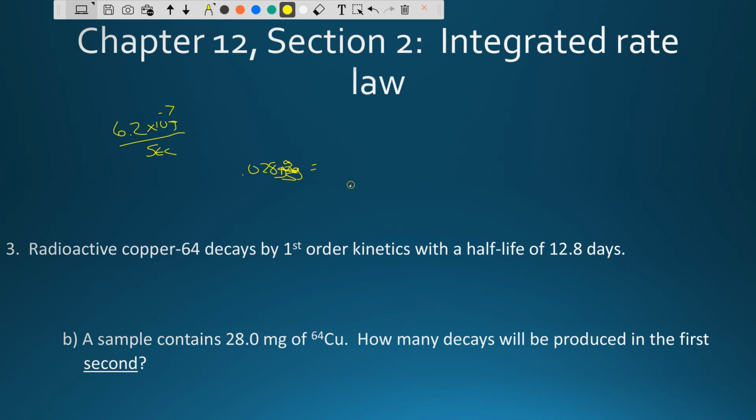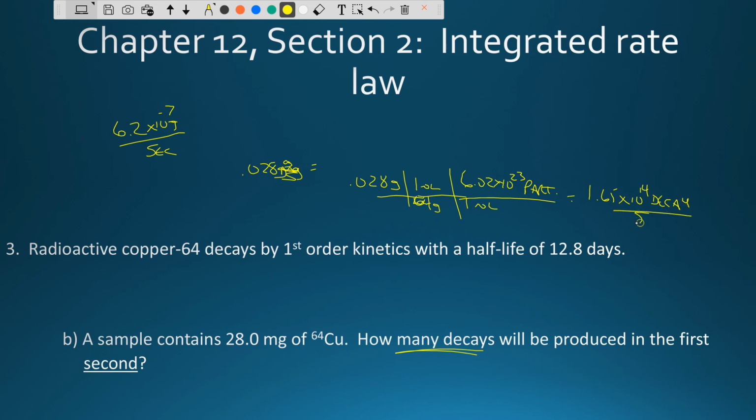And if I have 0.028 grams, that's going to be 64 grams per mole. And then I have 1 mole is 6.02 times 10 to the 23rd particles. Again, we don't want to know how much is left over. We want to know how many decays. Okay, so I just take a look at how many particles are in there, and I do the math. I end up with 1.65 times 10 to the 14th decays or particles lost per second.